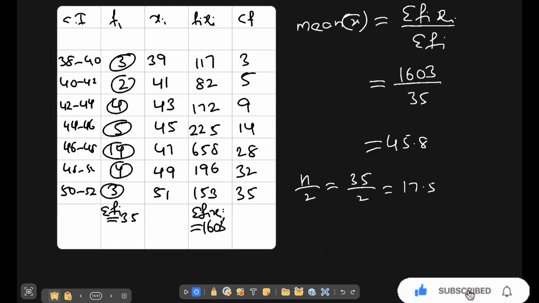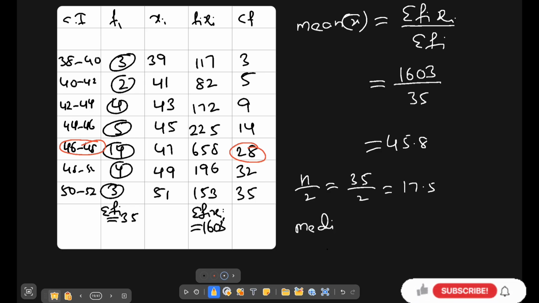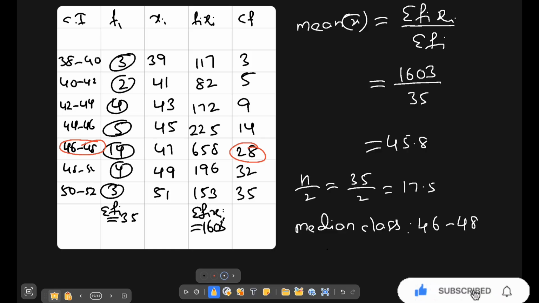Here the cumulative frequency is 28, which exceeds 17.5 for the first time, and 46 to 48 is the median class. The lower boundary of the median class is 46.